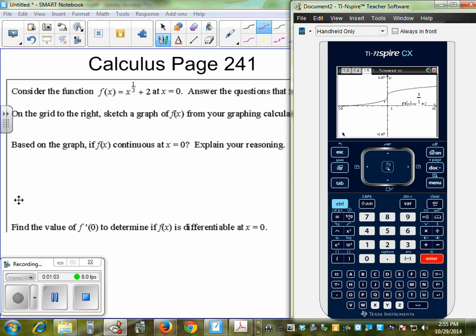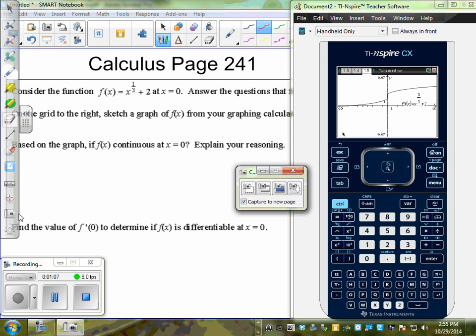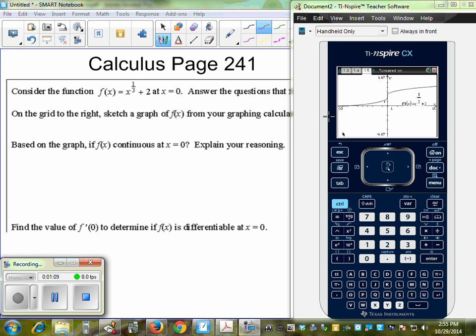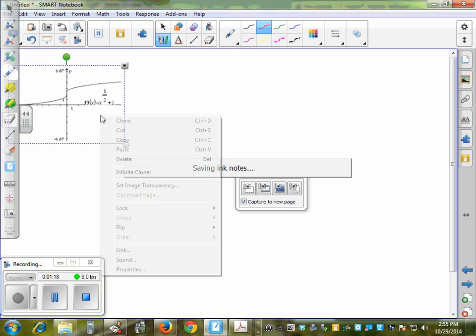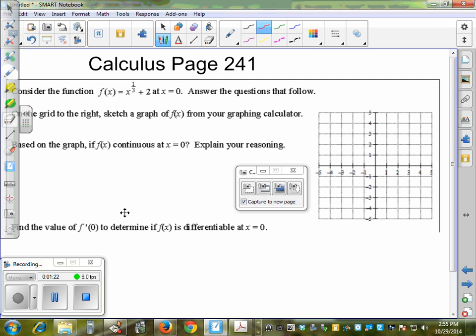And if a function has a vertical tangent, will it have a derivative there? It looks like it's continuous. But the vertical tangent has me a little worried about the derivative.